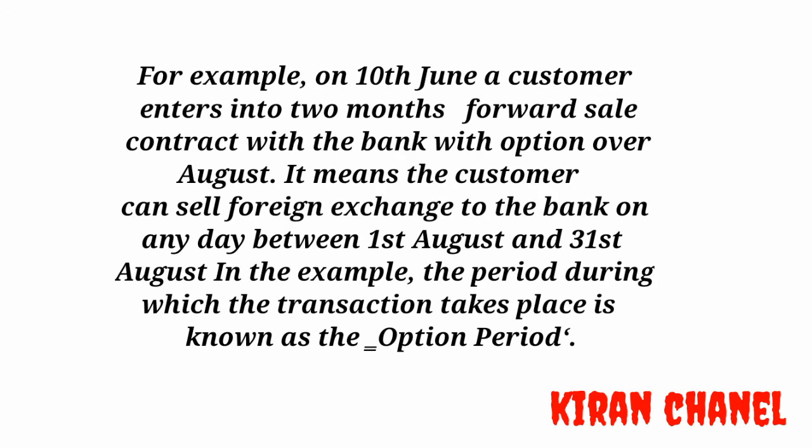For example, on 10th June, a customer enters into a 2 months forward sale contract with the bank with option over August. It means the customer can sell foreign exchange to the bank on any day between 1st August and 31st August. In the example, the period during which the transaction takes place is known as the option period.